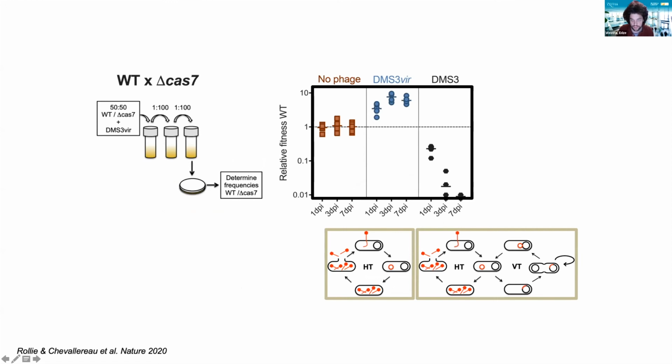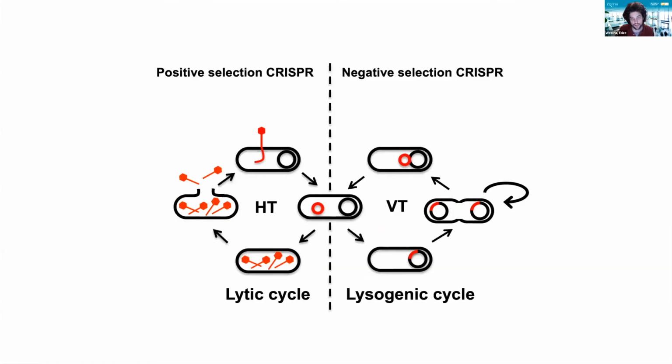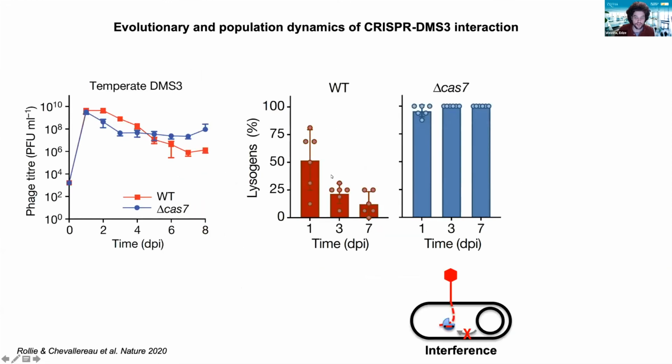Detailed analyses showed that this was because those cells that carry these latent infections are sick. You can see that here in this experiment already. The lysogens that are being formed are decreasing in frequency very quickly. This is an infection experiment where initially sensitive bacteria are being infected, and then lysogens are being formed.